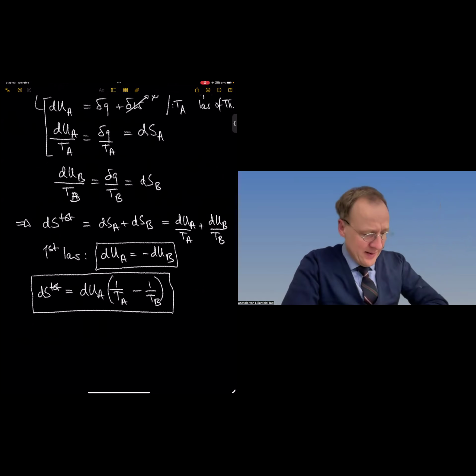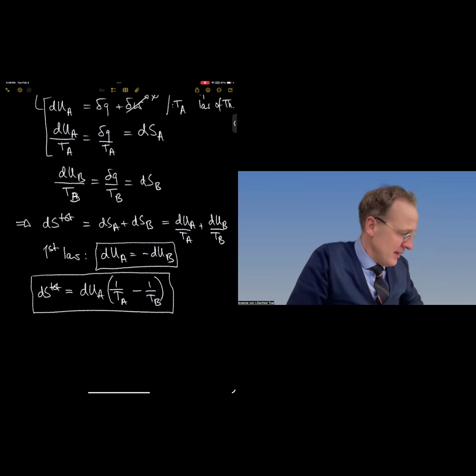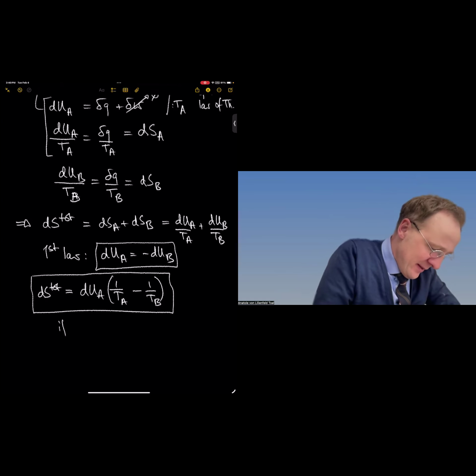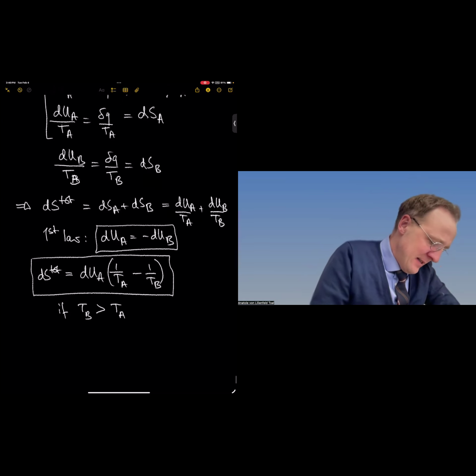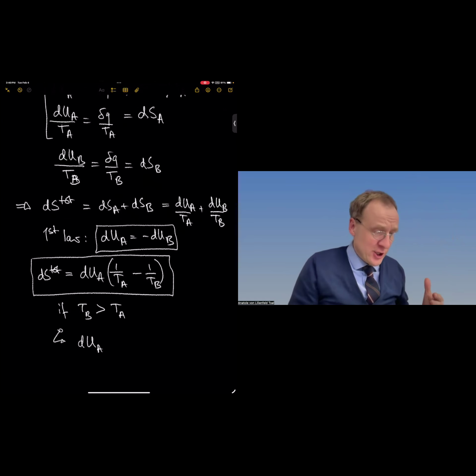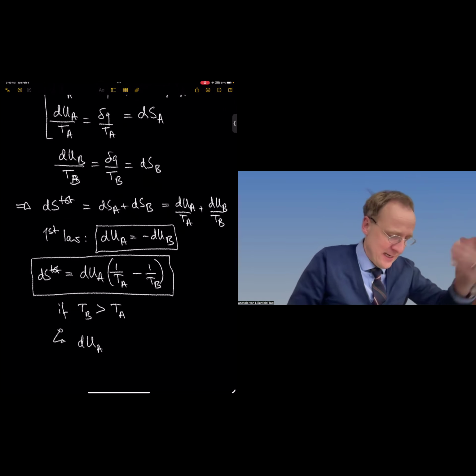And this basically already proves to us that your change in entropy has to be positive. Consider the following. If your TB is larger than TA, then A will have a lower temperature, and so A will gain the heat, it's missing heat.